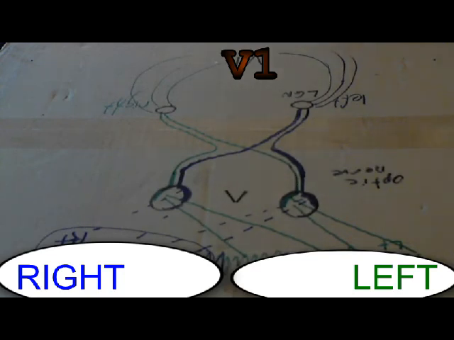Okay, now this is, as I said, the very basic mechanism how light goes from your visual world through your brain to land on V1.